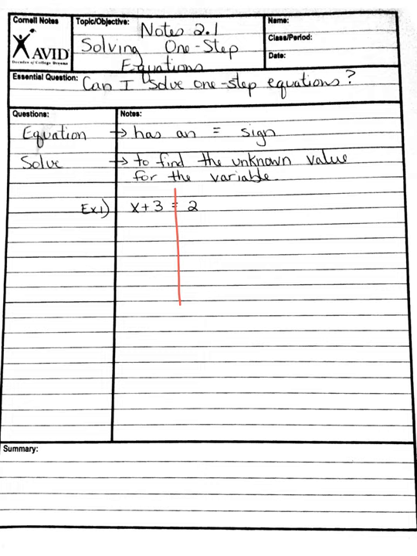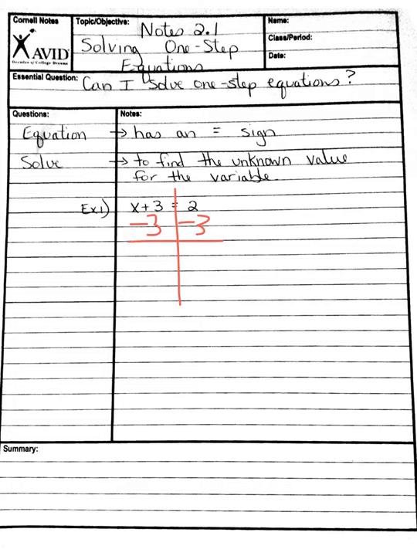So we can think of the opposite or the inverse of tall would be short. The inverse or opposite of right would be left. And so the inverse or opposite of adding is subtracting. So here we look at x plus 3, and to get x all by itself, we subtract 3 from both sides.